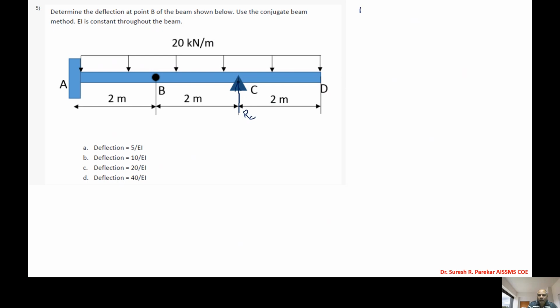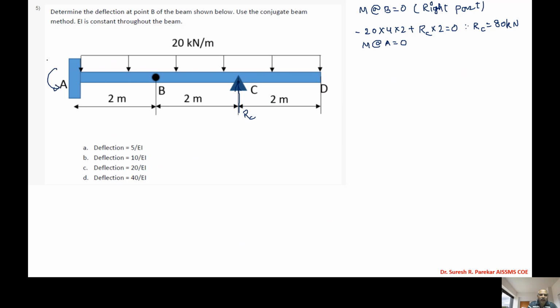So we will take moment about B equal to 0, and that is the right part, because at the hinge we have moment 0 from both sides, and therefore we get minus 20 into 4 into 2 plus RC into 2 equal to 0, and therefore RC is equal to 80 kilonewton.